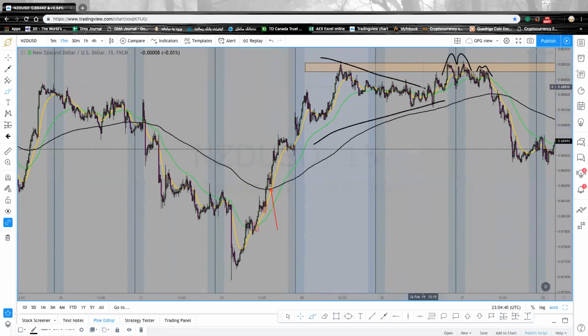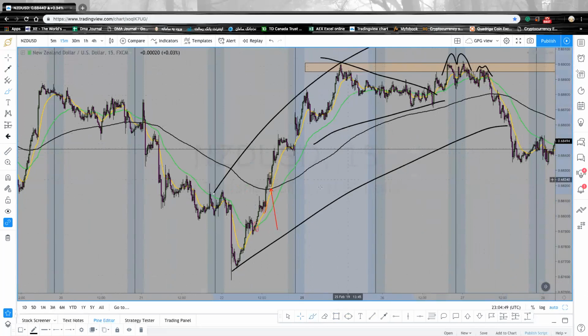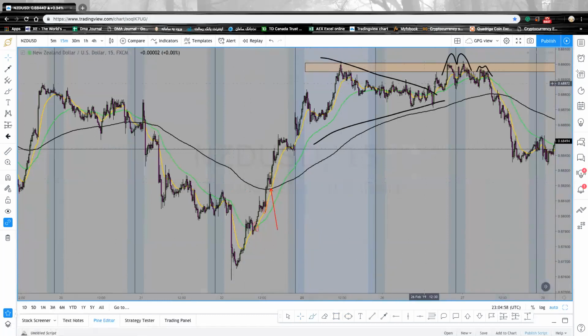So there's nothing in the board saying this is a buy after this. Nothing says this trend is a buy. I draw this absolutely stupid. So nothing about this says buy.